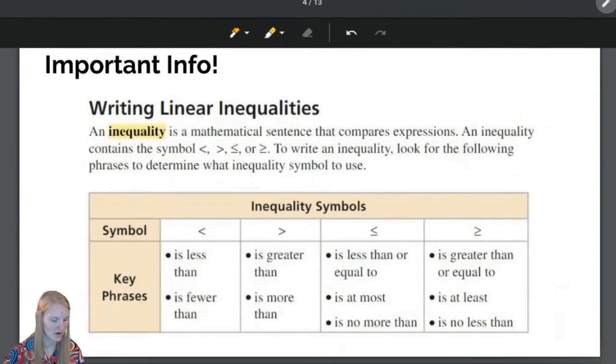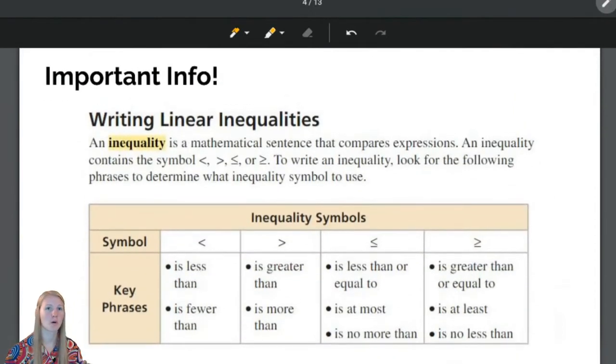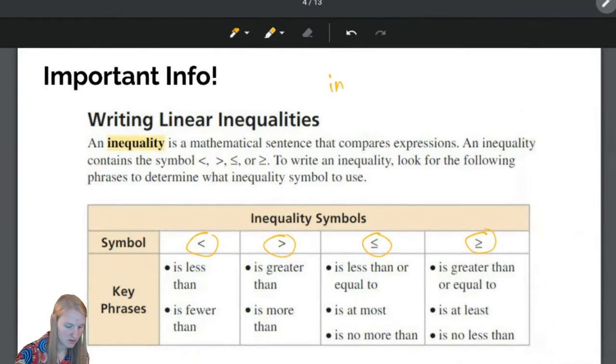Now, it is very important that you know about all the symbols we're going to see in this chapter. These are the 4 symbols that we will be using. The reason they're called inequalities, right in the word, inequality, is unequal.